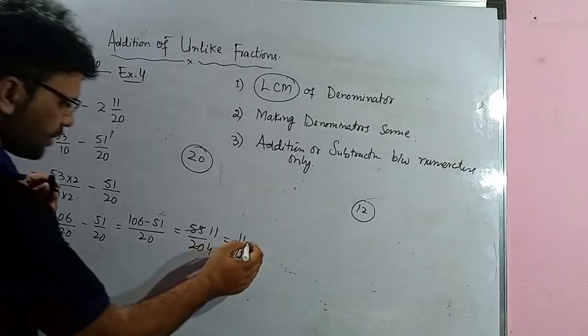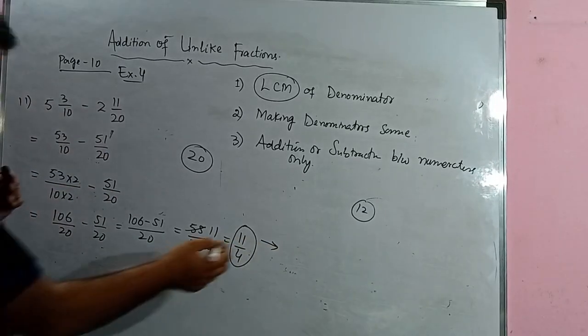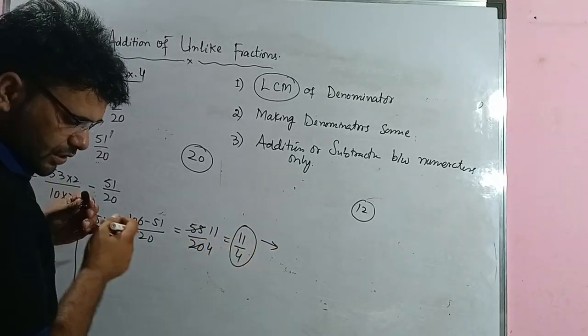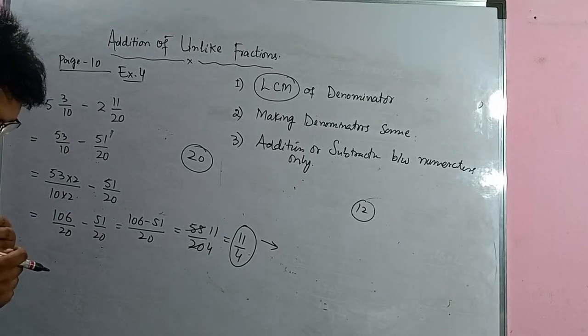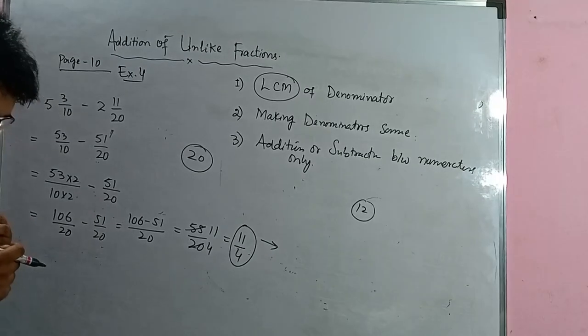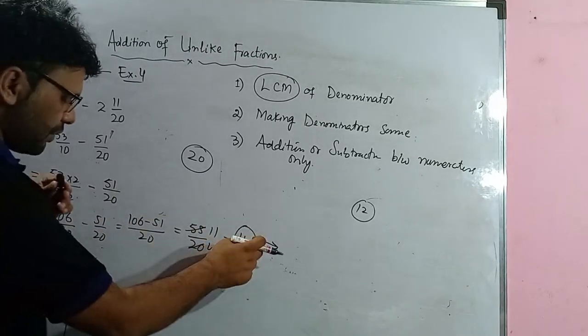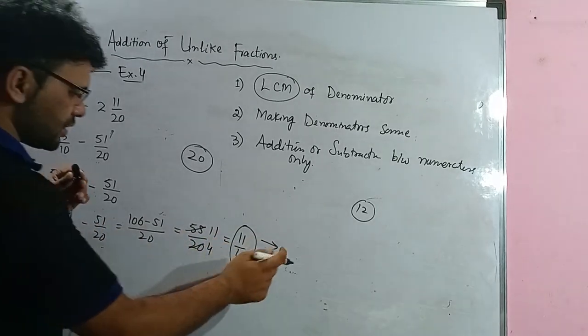Now you can see we can change this number into a mixed fraction, because this is an improper fraction. It's also written in the question: write as lowest terms or as mixed numbers when appropriate. So when we get the answer as an improper fraction, we have to change it to a mixed number. How?